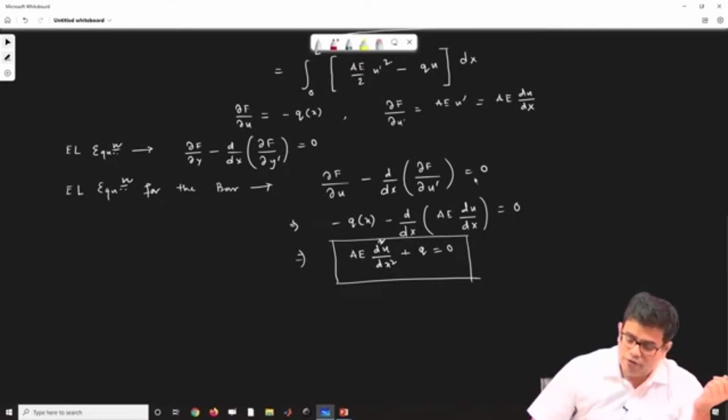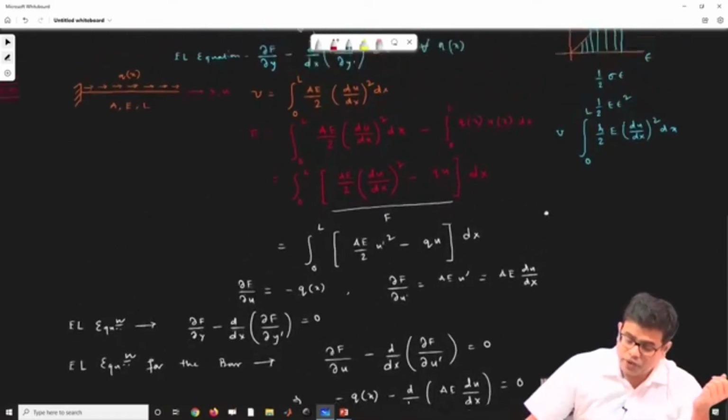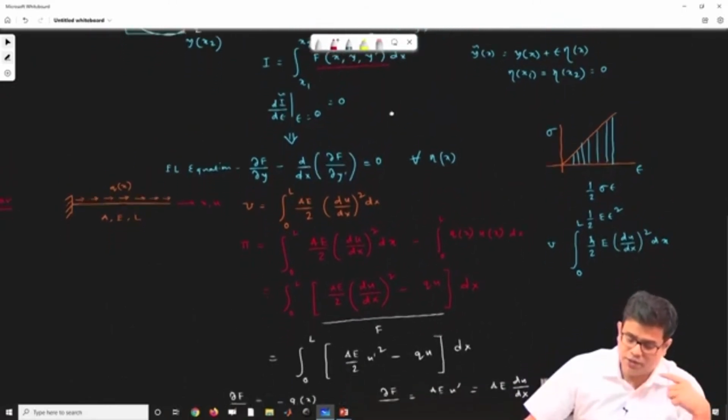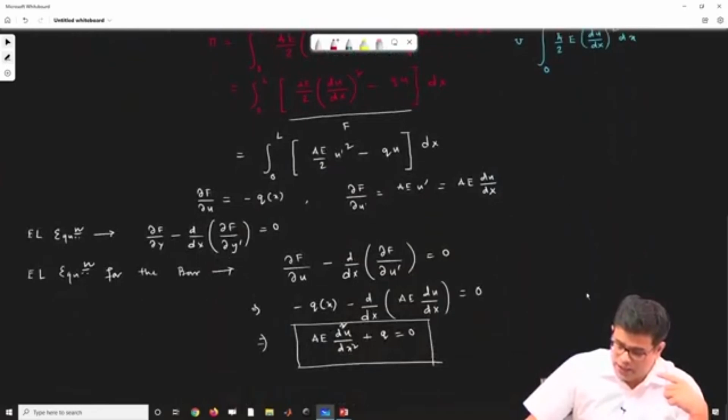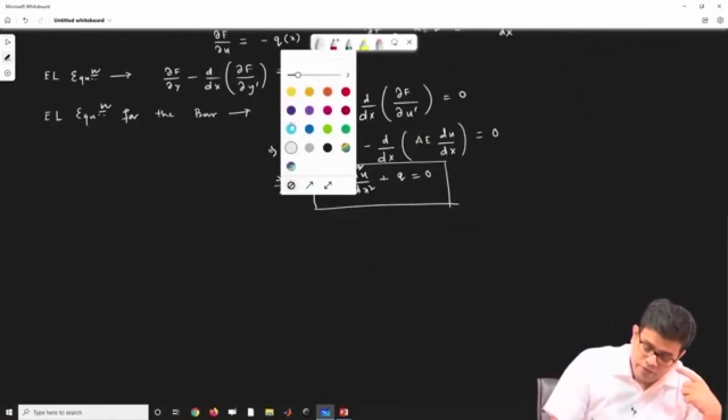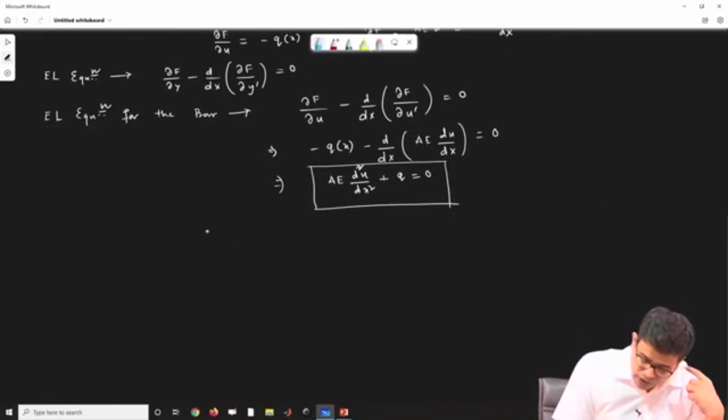If you remember our previous class, while deriving this we had a boundary term also. So let me rewrite that here again. The boundary term, if you look carefully, is del f del y prime times eta of x, evaluated at x equals x1 and x equals x2.